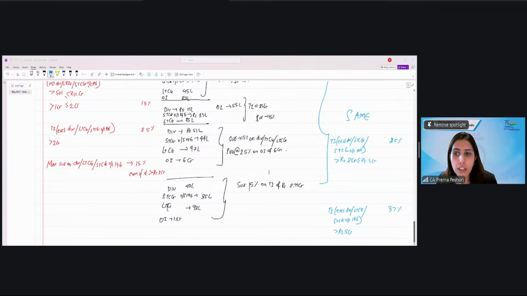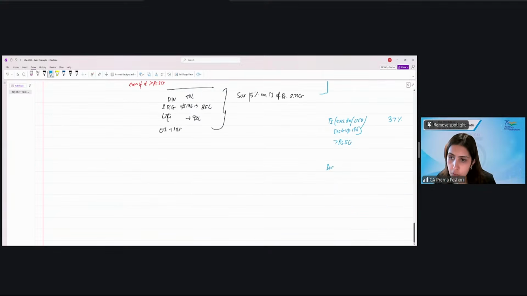So let us take an example for this. Let us say I have a dividend of 60 lakhs, STCG under 196 of 50 lakhs, LTCG of 67 lakh, and other income of 6 crore.